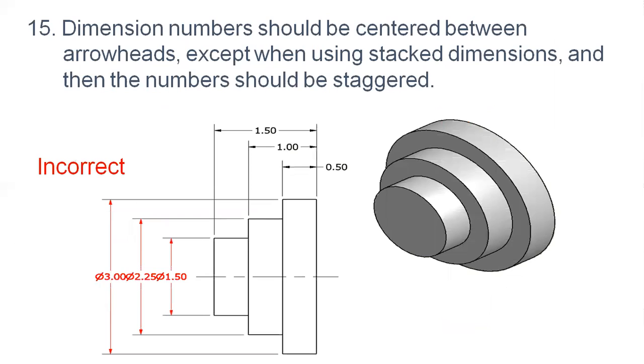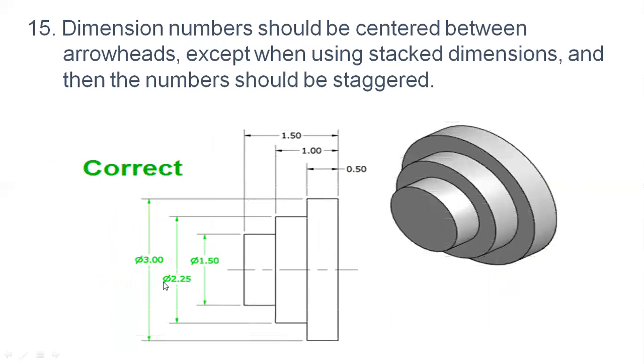The 15th rule is that dimension numbers should be centered between the arrowheads, except when using stack dimensions, where the numbers should be staggered. You can see this is the shaft, a 3D component, but in the 2D diagram the dimensions are overlapping and cannot be seen clearly. So how do we show the correct dimension?